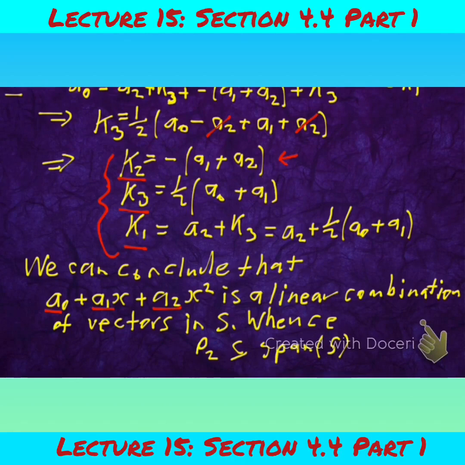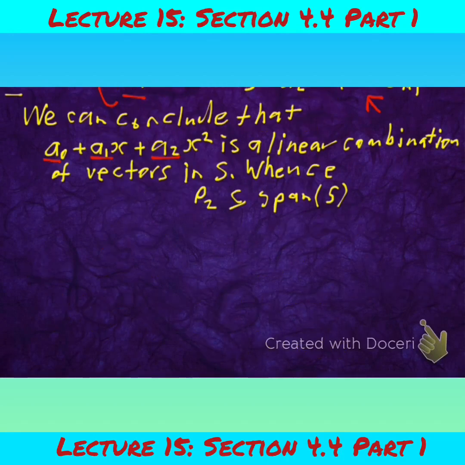It's minus A1 plus A2, half A0 plus A1, and A2 plus a half A0 plus A1. So it's possible to take any polynomial of degree at most 2 and write it as a linear combination of vectors in S.